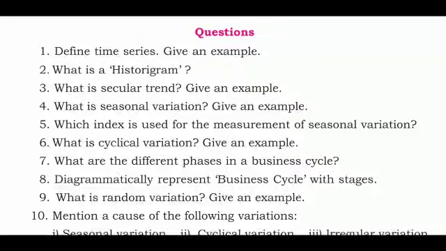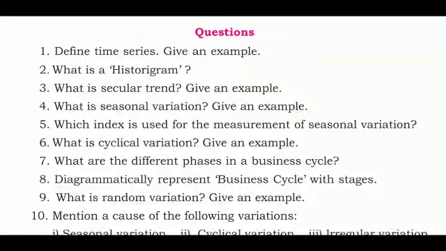First one is the graphical method, then the semi-averages method, then the moving averages method, and then the least squares method. Among these 4 also, moving averages method and least squares method are the ones which are going to come for the examination, and they are important. In moving averages method, you have 3 yearly, 4 yearly and 5 yearly.